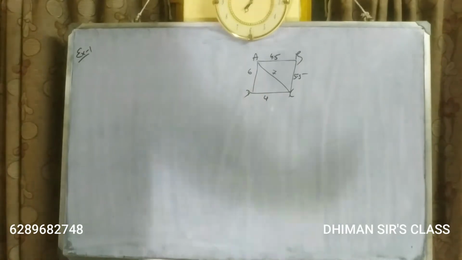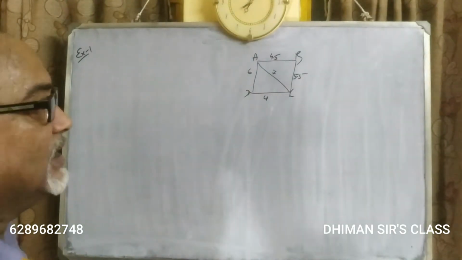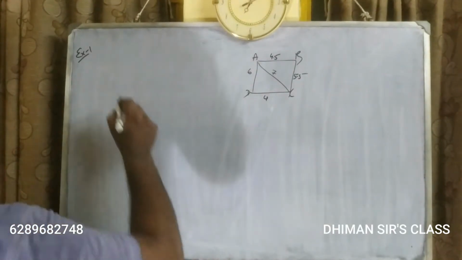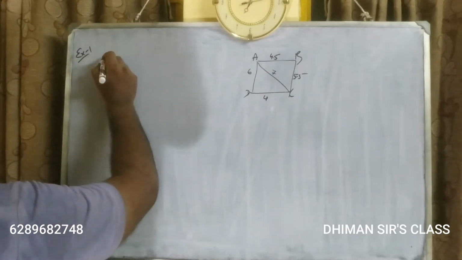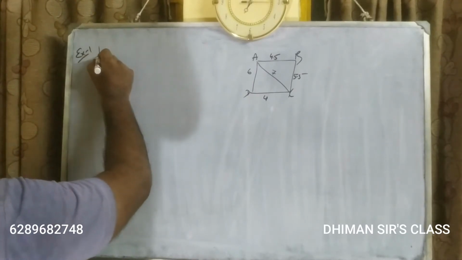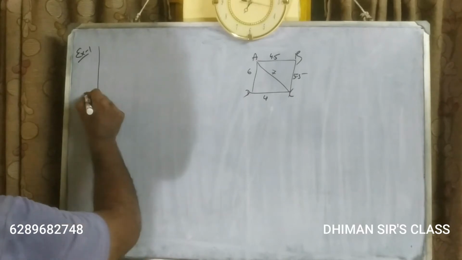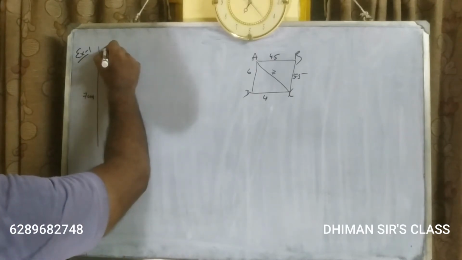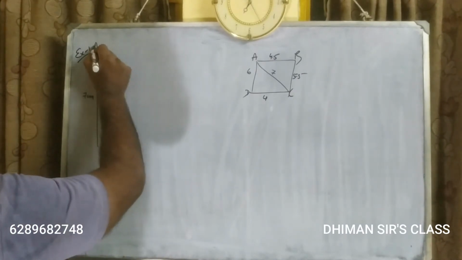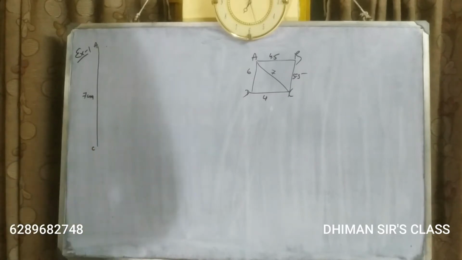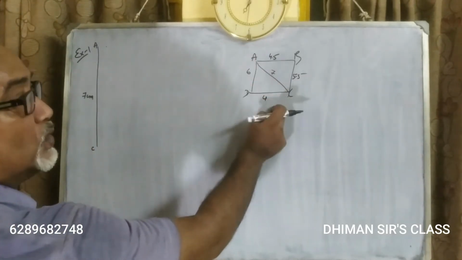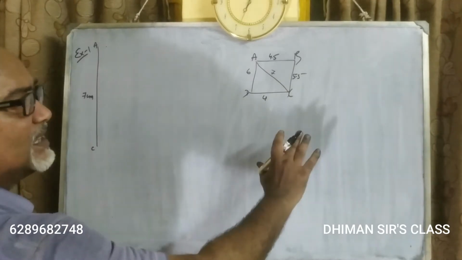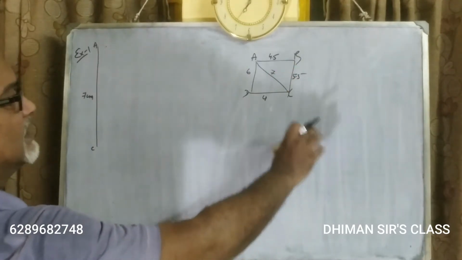So, take your scale and pencil, draw the lines. First you draw the biggest one, 7 centimeter. Write the names also. AC, AC is 7 centimeter. See, our base is known to us. Whatever the measurement, that doesn't matter. Big or small, doesn't matter.